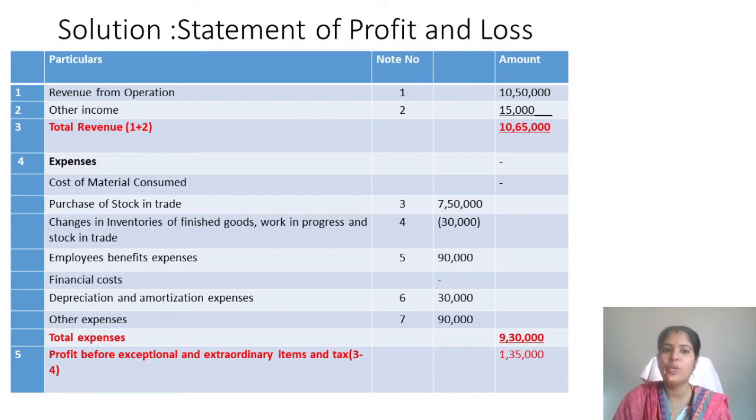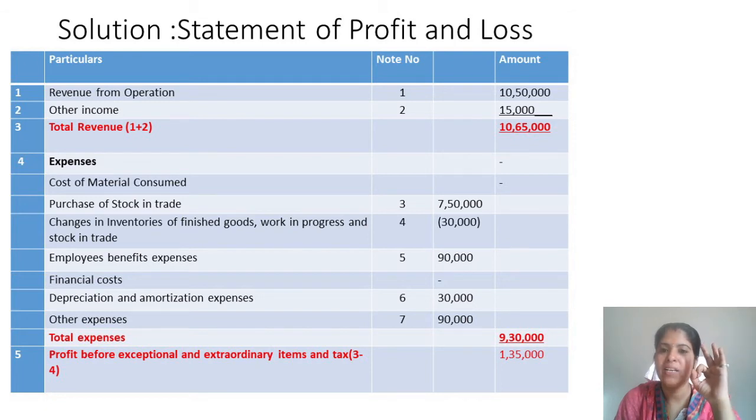Now total revenue minus total expenses is your profit before exceptional and extraordinary items as well as tax. Three things are there. Total revenue minus total expenses is your profit before exceptional items, extraordinary items or tax.